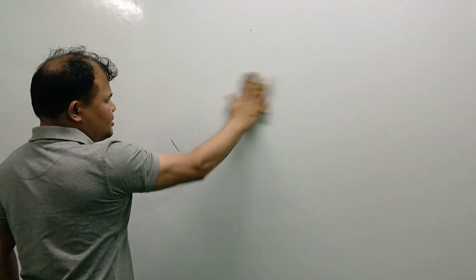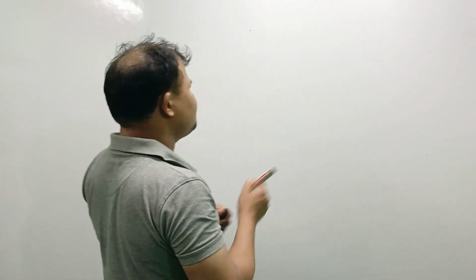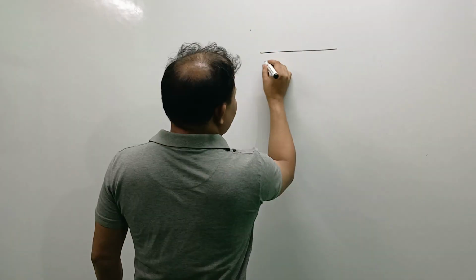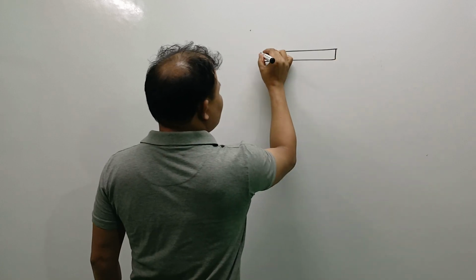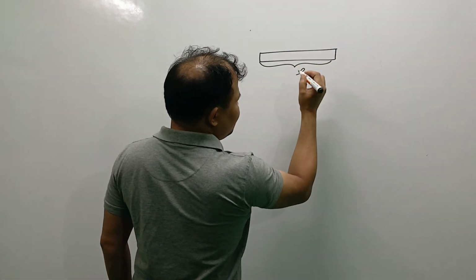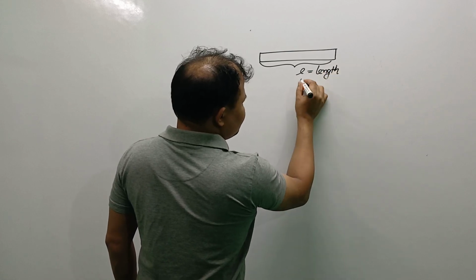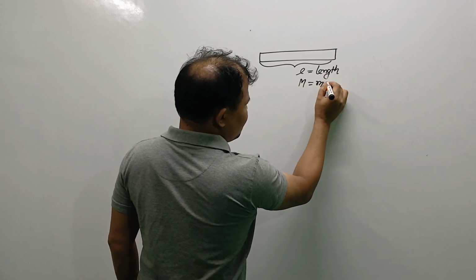My dear students, already we discussed the uniform rod. In case of the uniform rod, suppose this is a uniform rod. If the length of this rod is L and M is mass.